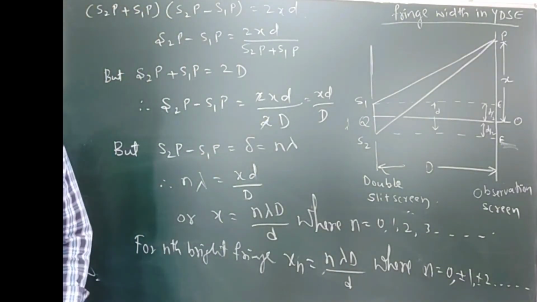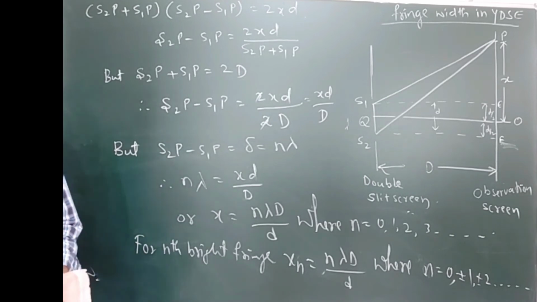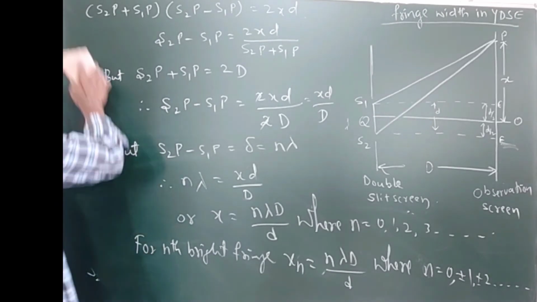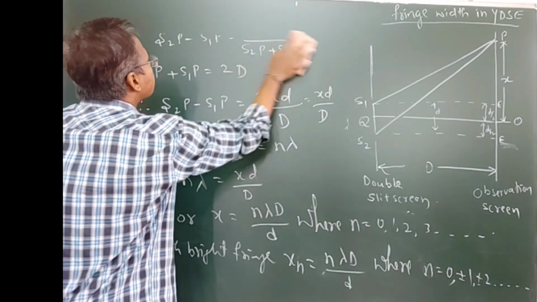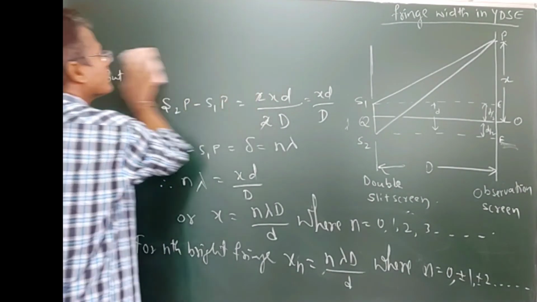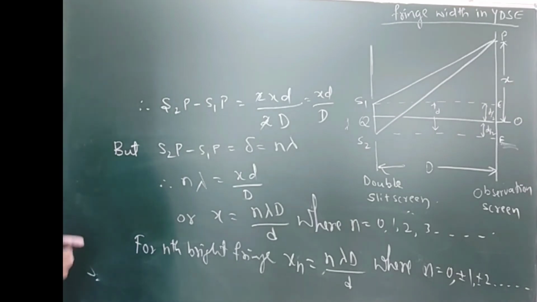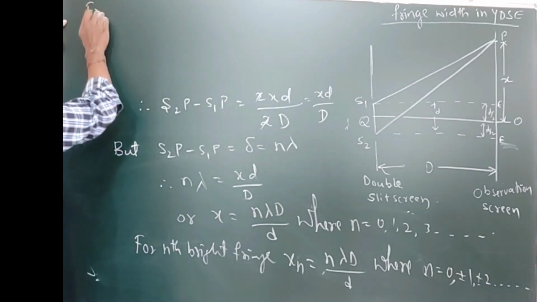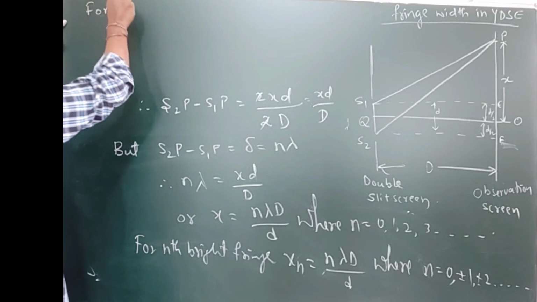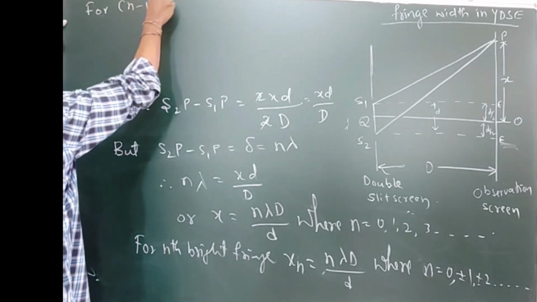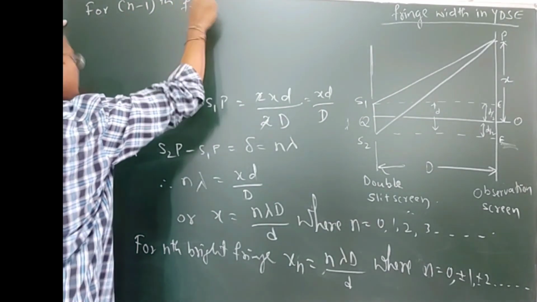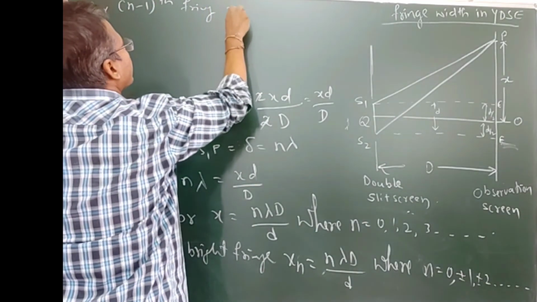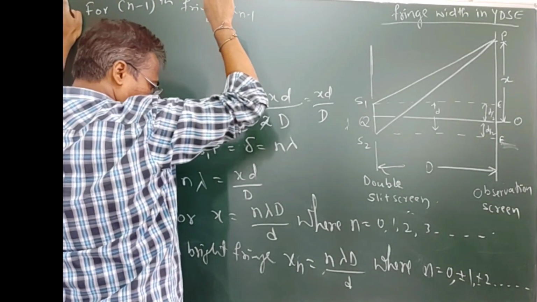So next, for the nth dark fringe we are considering, n minus 1 we consider. For the n minus 1 fringe, that means xn minus 1.